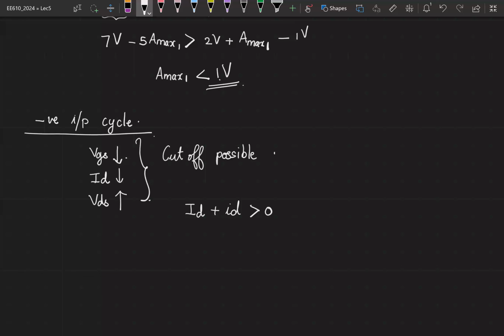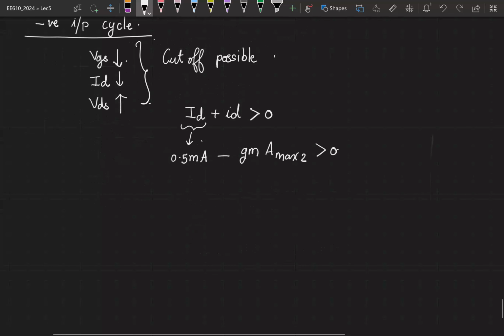Right? So this corresponds to, what was your drain current that you got earlier? So this was 0.5 milliampere. Now here you will have some GM times Vs. So your Vs is some A max 2 has to be greater than 0.